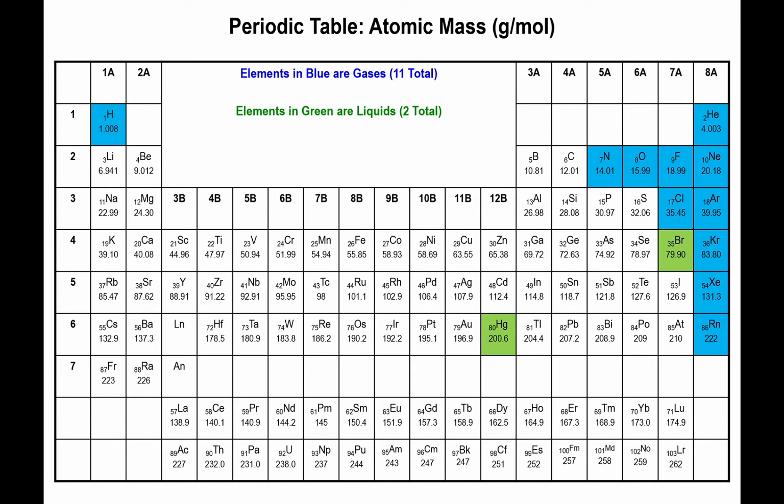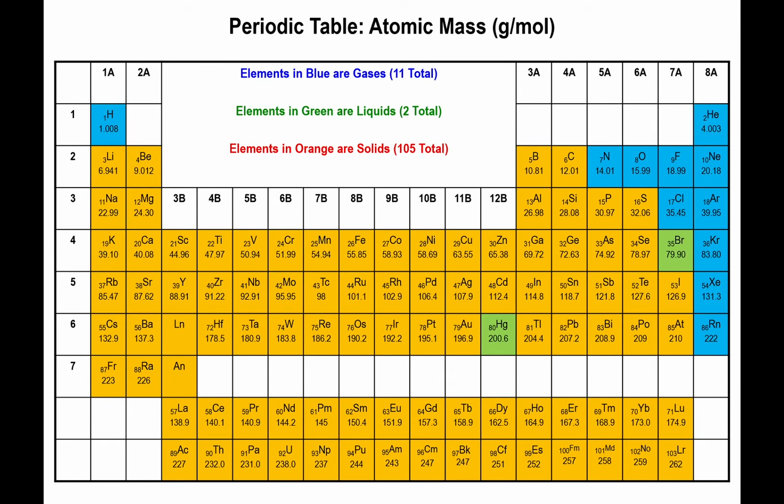There's a total of 2 elements that are present as liquids at room temperature, and the rest of the elements are all solids. That includes all of the metals with the exception of mercury and a good chunk of the non-metals.